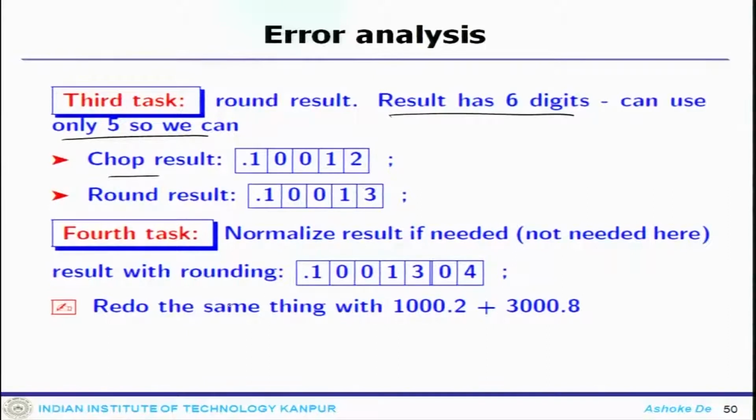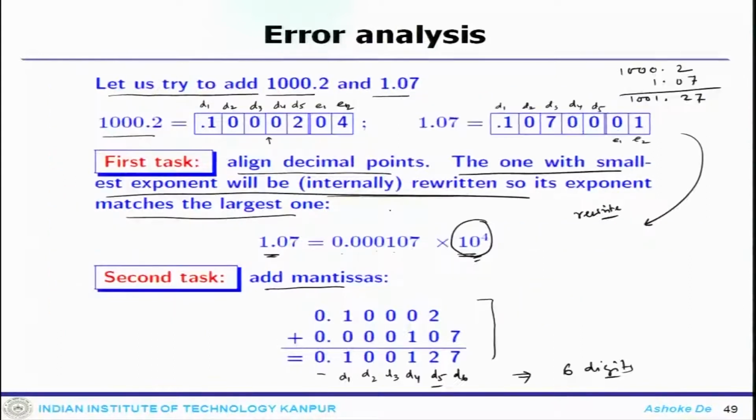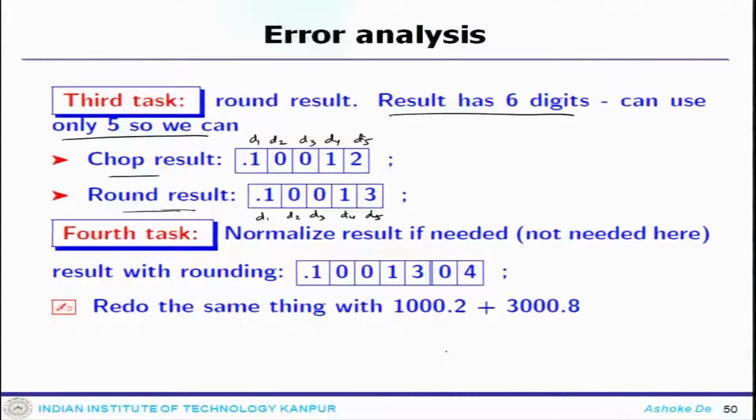So, even after the addition you will get a result chopped to 5 digits. It is rounded up to 0.10013, to 5 digits, because that is the accuracy that you have. And if you look at 1, 2, 3, 4, the fifth one is rounded off because the last, sixth digit is greater than 5. So, it is rounded up to this.